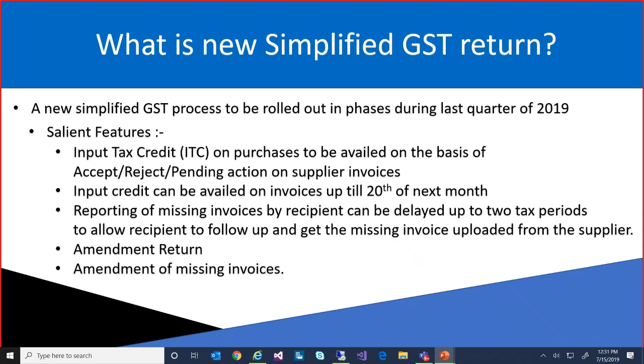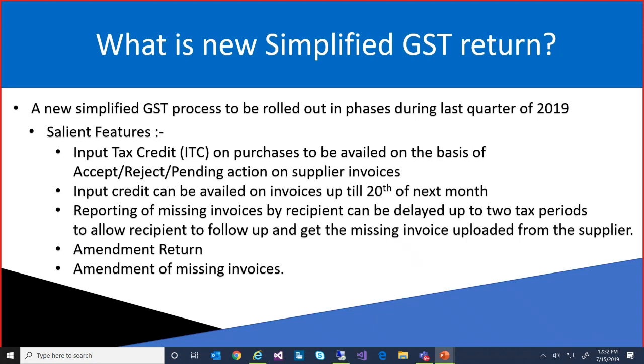Your supplier can upload the information till the 10th of the next month, and then you can take action from the 11th to the 20th. You can reject or accept, whatever action you want to take, up to the 20th. The credit will be available for those invoices uploaded on the government portal.